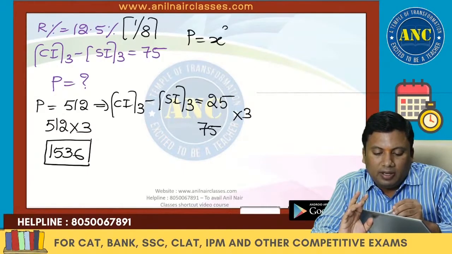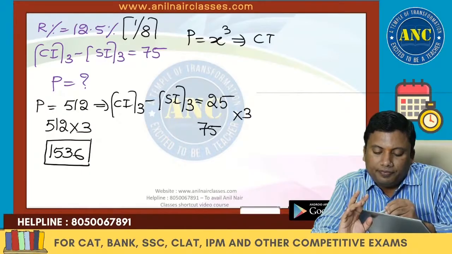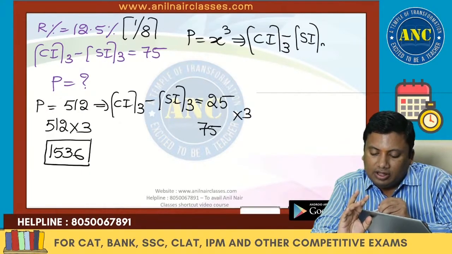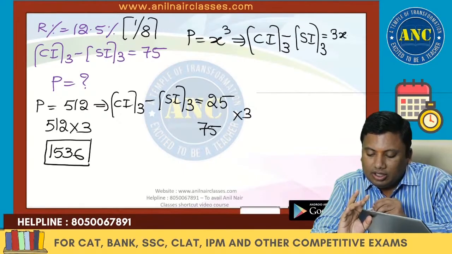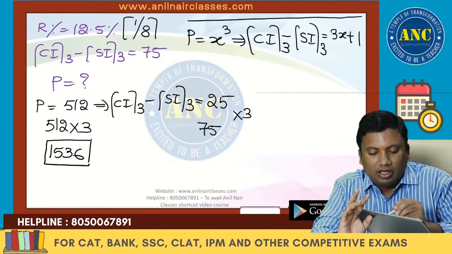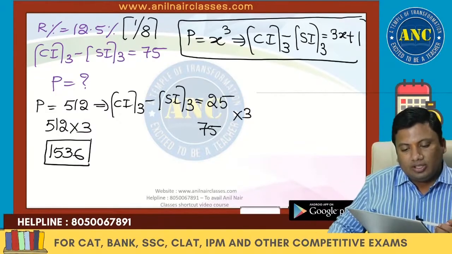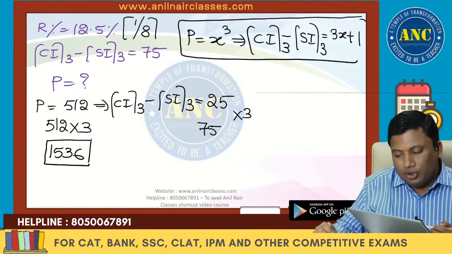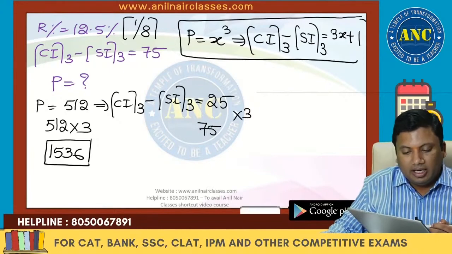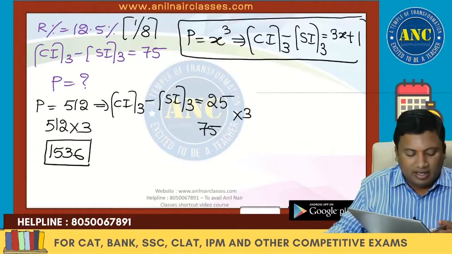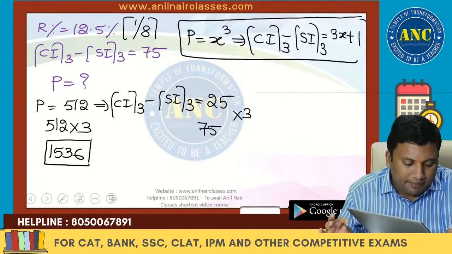If the principal is x cube, CI for 3 minus SI for 3 is 3x plus 1. 8 means 3 into 8 plus 1, 25, but I need 75, so 25 threes are 75. Idea is clear, right?